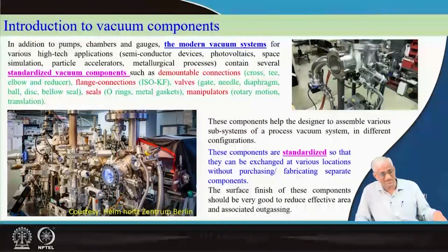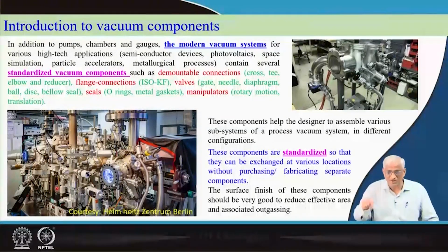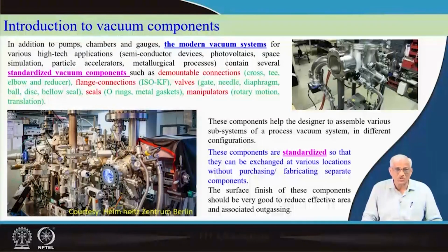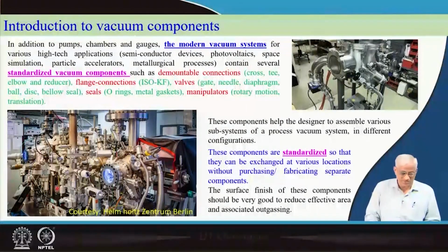Last class we have seen materials. With those materials, chambers are made, pumps are made, components are also made. So, all the rules that we have laid down for materials are valid for components. Components also should have very high quality surface finish. They should also not degas, and they should be easy to couple and remove, so that they will not contribute unnecessary contamination to the process.